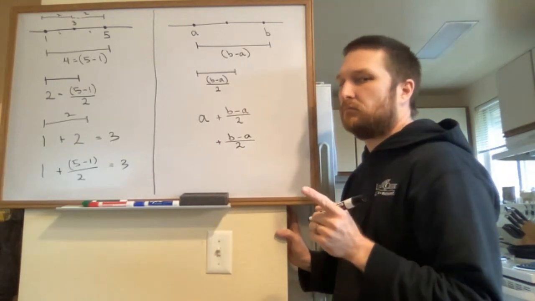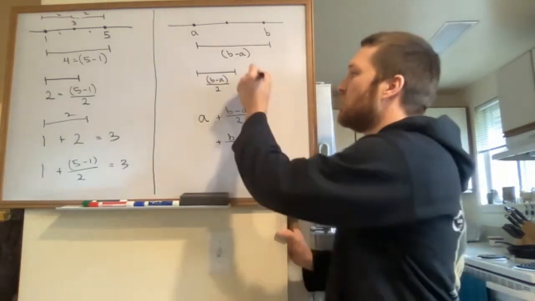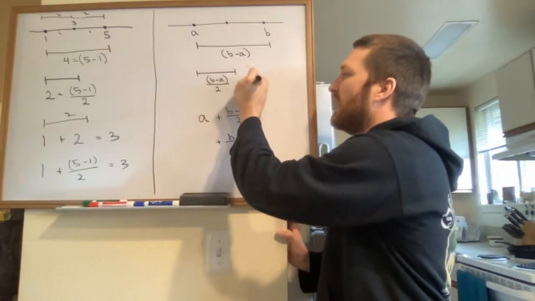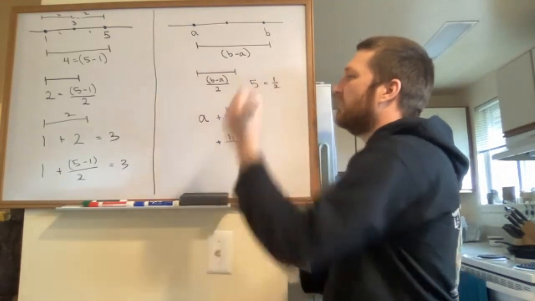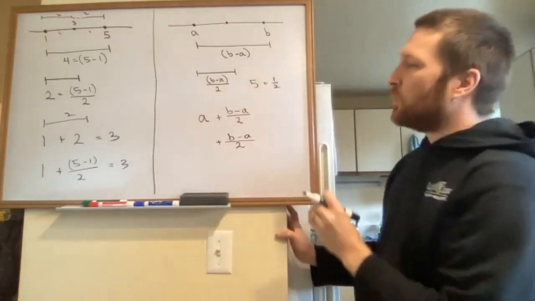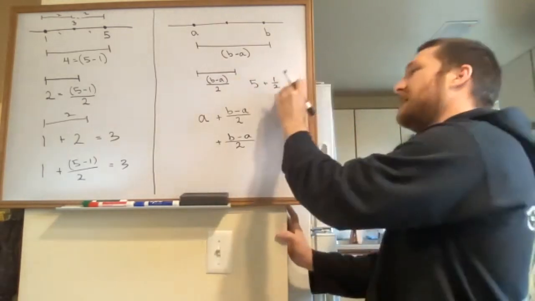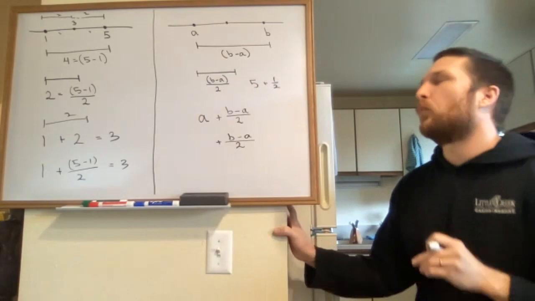If you're not sure, think about what you would do if you had, oh, I don't know, 5 plus a half, and you wanted to write 5 with the same denominator as the 1/2.